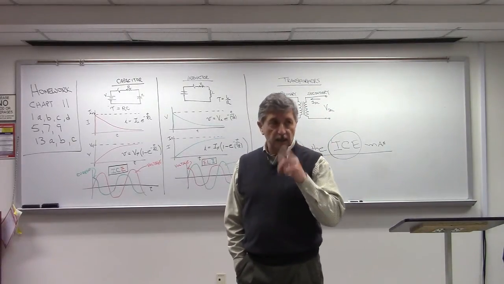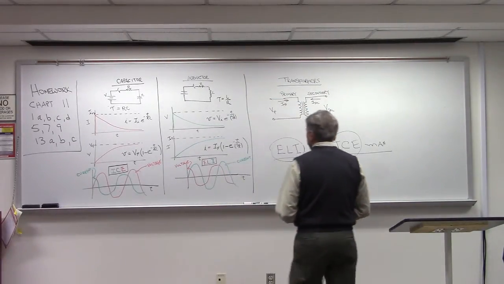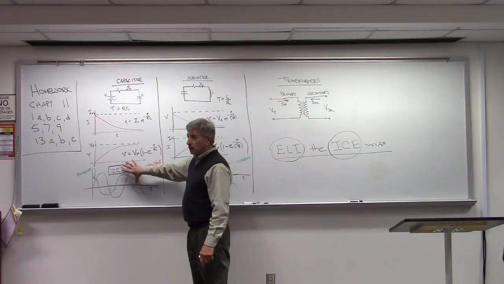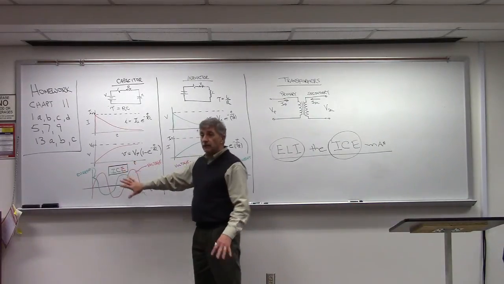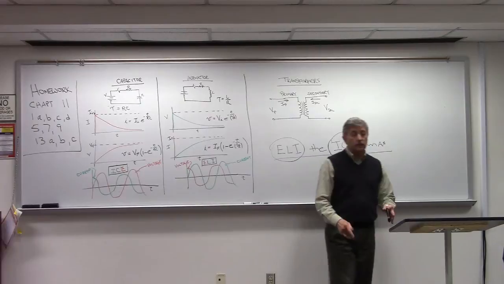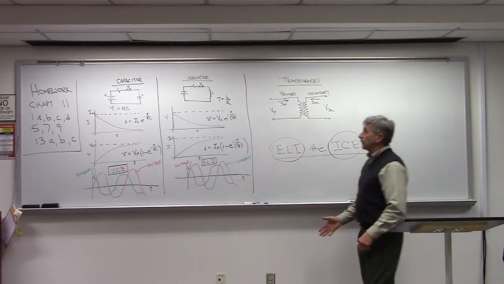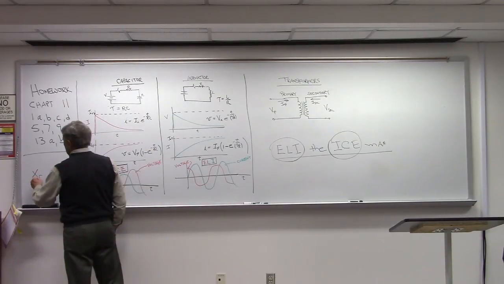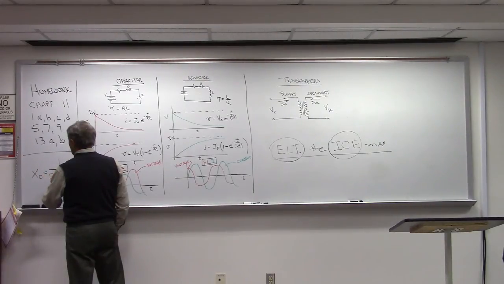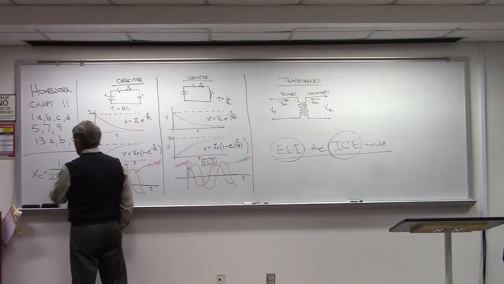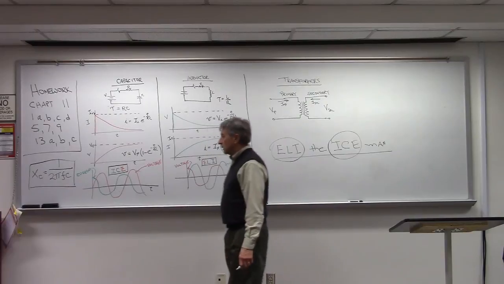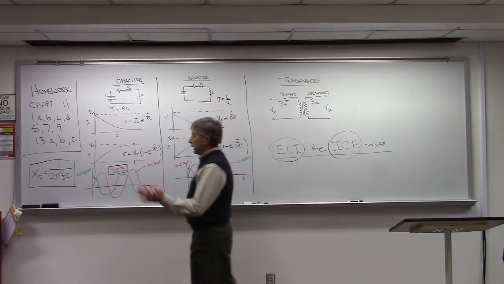That's tidbit number one. The other tidbit is that, as in a capacitor, when you're feeding a capacitor with alternating current, you do have a certain amount of opposition to the flow of current. These things aren't perfect. For a capacitor, we called that opposition capacitive reactance, and I gave you the formula, 1 over 2 pi times the frequency times the capacitance. That will tell you the capacitive reactance of a capacitor in an AC circuit.